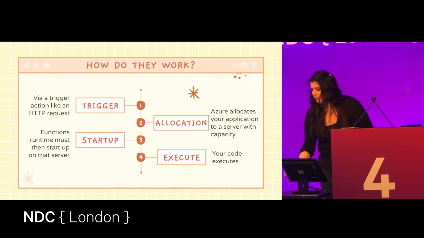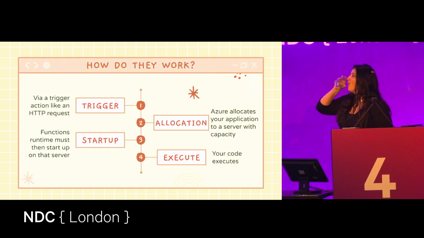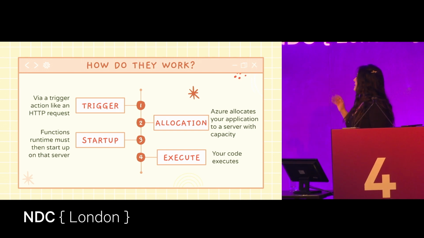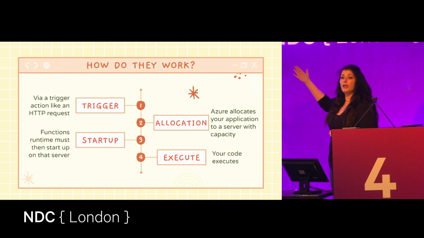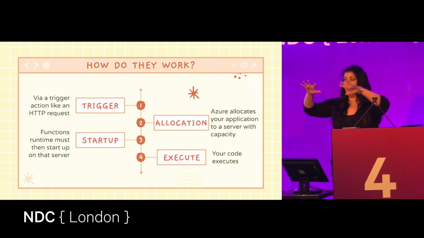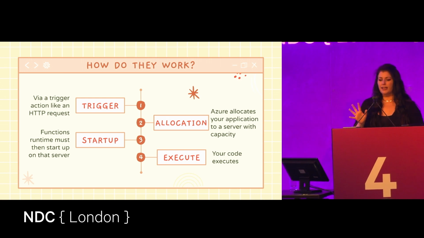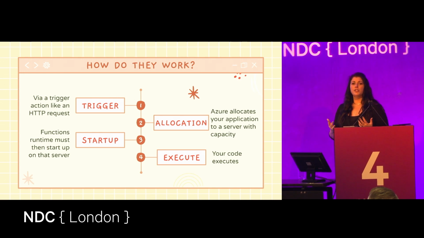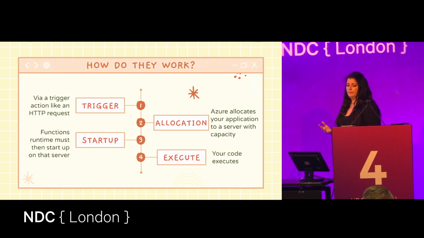So how do they work? Let's take the HTTP trigger. There are lots of different triggers. We'll have a look at those in a moment. You'll have an HTTP request come in, and that comes into the Azure world. It says, hey, I've got a .NET Azure function that I want to run, please.